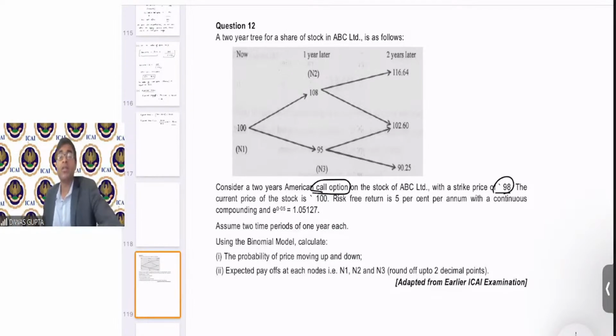The current price of the stock is 100, which is what is given in N1 also. The risk-free rate is 5% per annum with a continuous compounding. They have given us the annual continuous compounded rate of 5% and the respective e power as well. Assume 2 time periods of 1 year each.